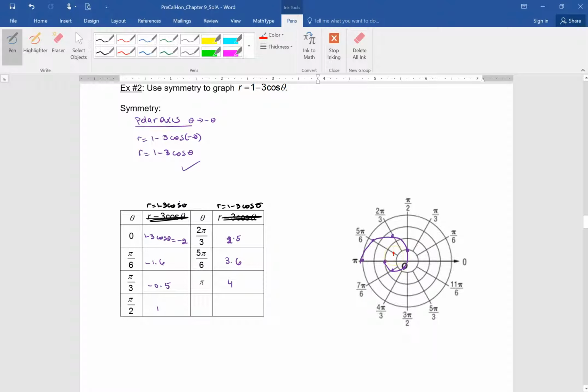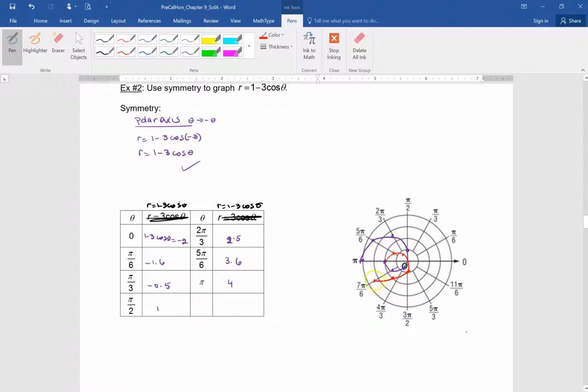This one goes down. And that one stays. So it's going to look like this.